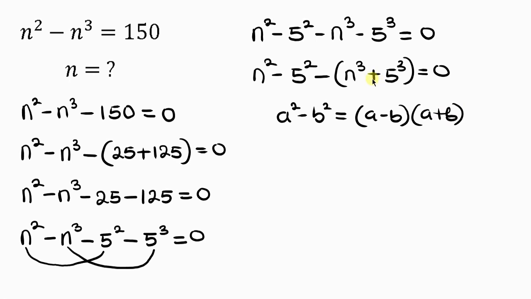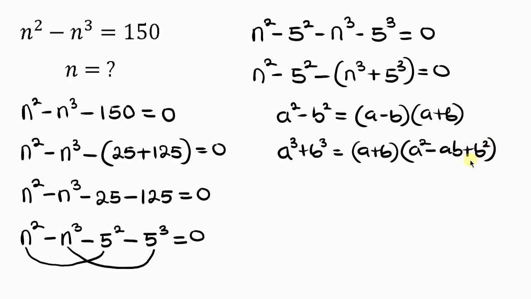While for the sum of two cubes, which is a cube plus b cube, the property is a plus b times a squared minus ab plus b squared. Now let's apply these properties here. So for difference of two squares, our a is in the form of n, and our b is in the form of 5.